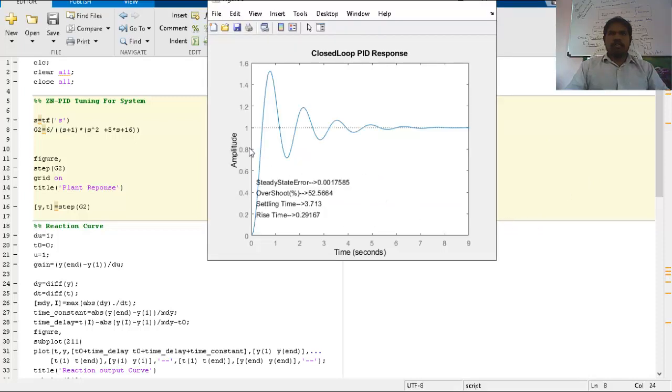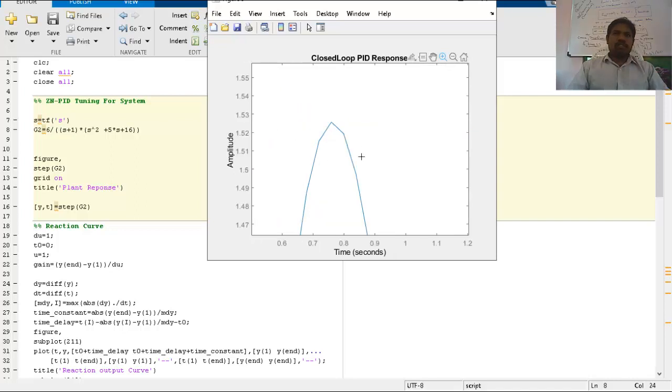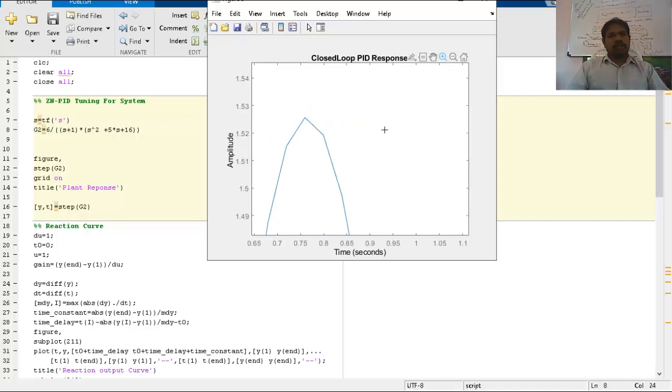Now its settling time is around 3.713 and overshoot is 52.56. That way we calculate all the values.